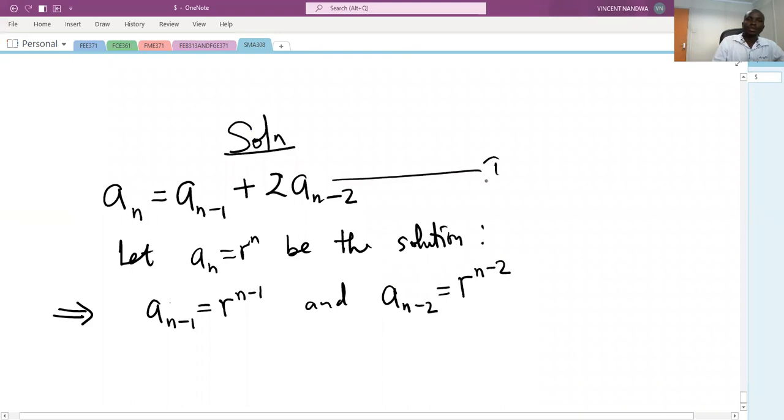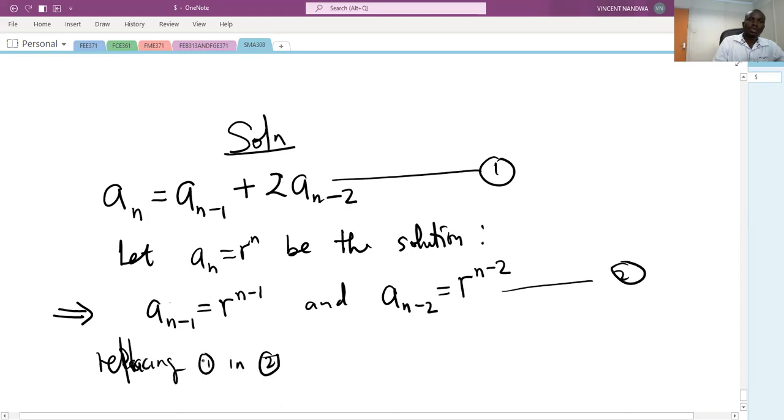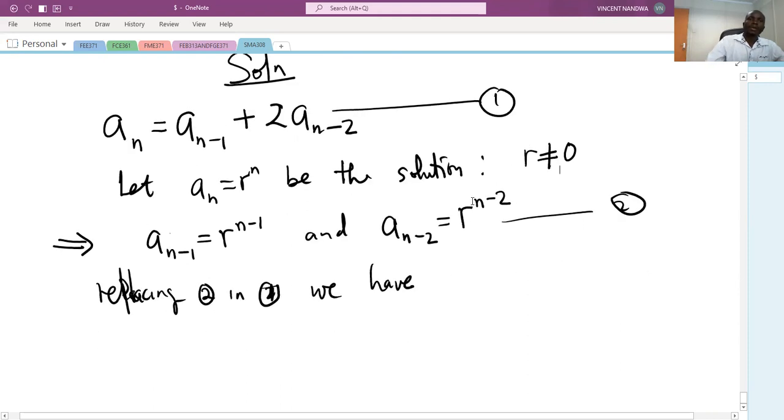If I call this equation 1 and this equation 2, replacing 2 in 1, we have, remember the assumption here is that r is a non-zero constant, r^n equals r^{n-1} plus 2r^{n-2}.